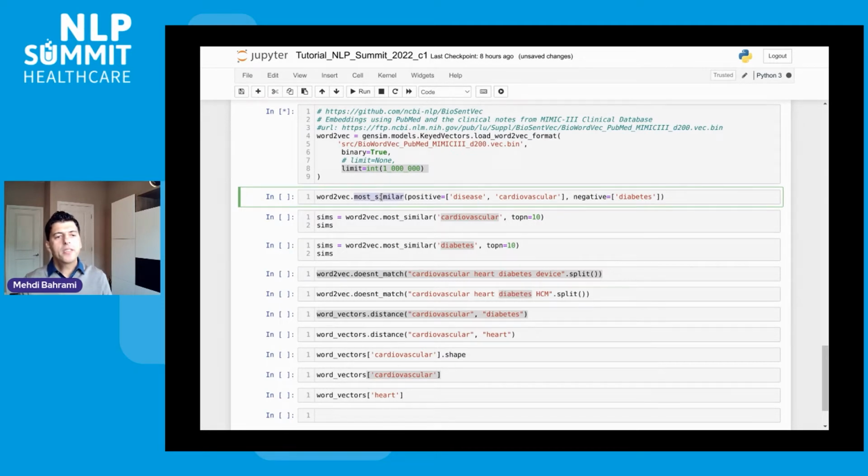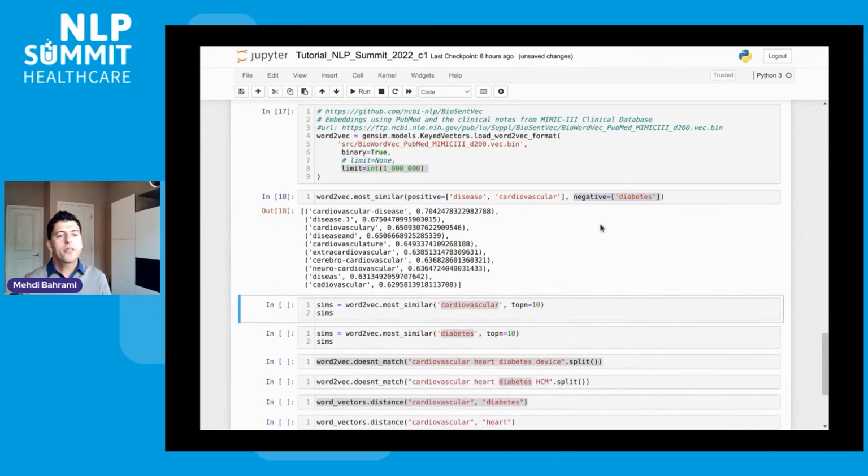For the similarity in this pre-trained language model, we're going to say the positive would be disease and cardiovascular, but we don't want to have negative diabetes. So we have some diseases relevant to heart disease, but we don't want diabetes.